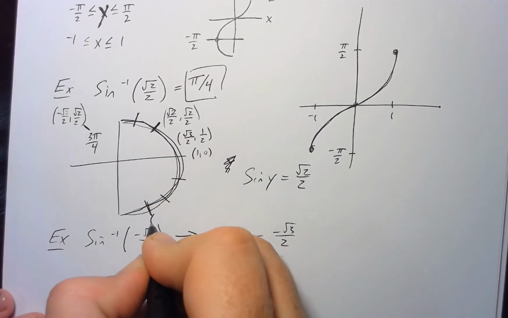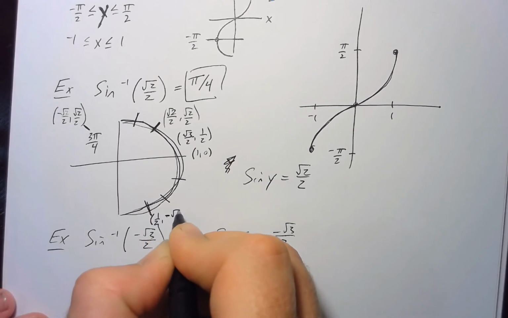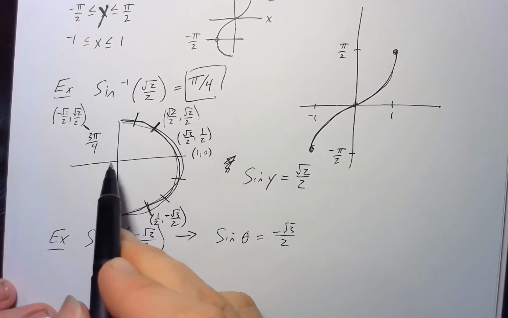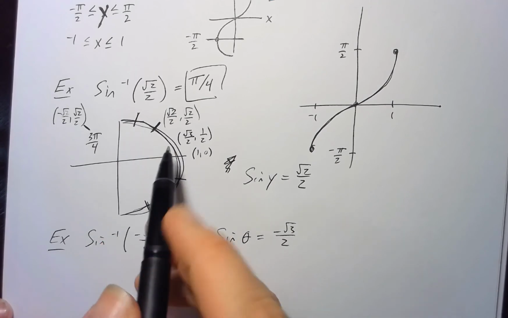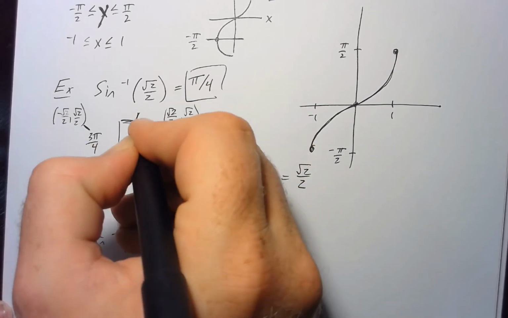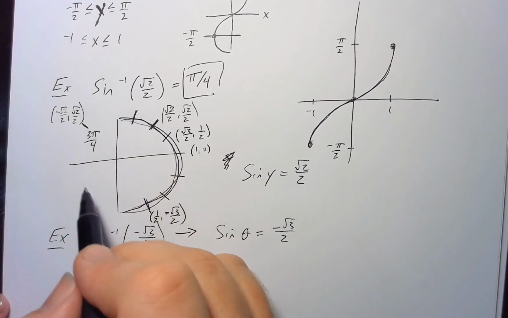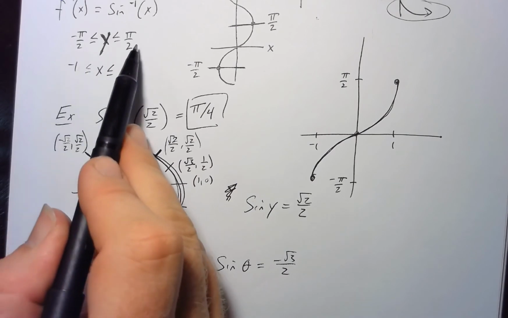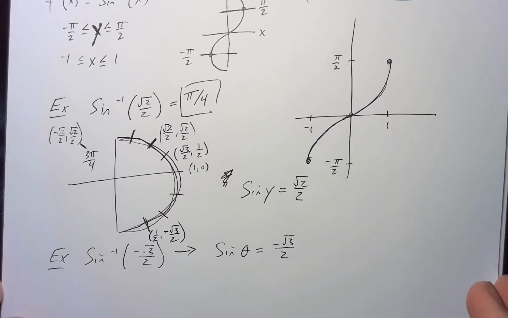So this value technically would be 1/2, negative radical 3 over 2. And more appropriately, I'd have to figure out what angle measure that's going to be. Well, remember, if this value up here is pi over 6, pi over 4, pi over 3, then for this value down here, yeah, you could count all the way around, but remember, we have to have a value between negative pi over 2 and pi over 2. It has to be a continuous set of values the way that we've defined it.